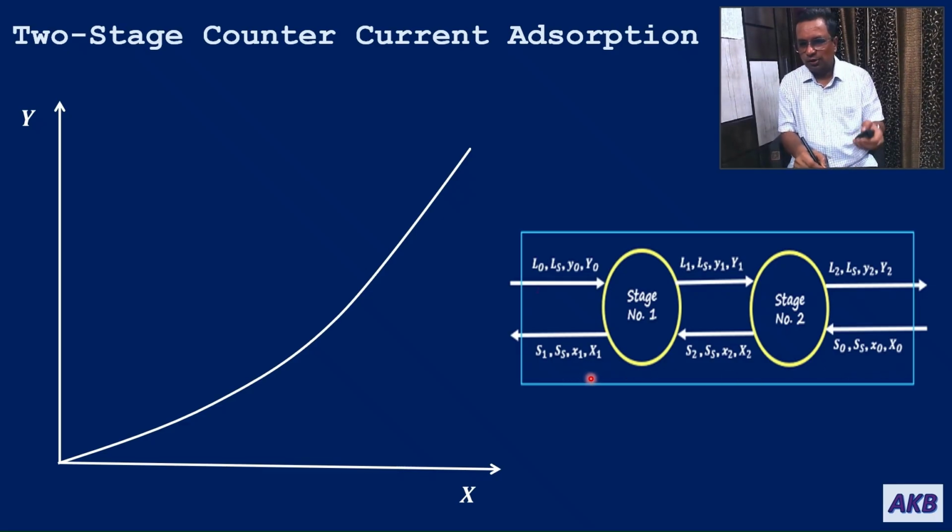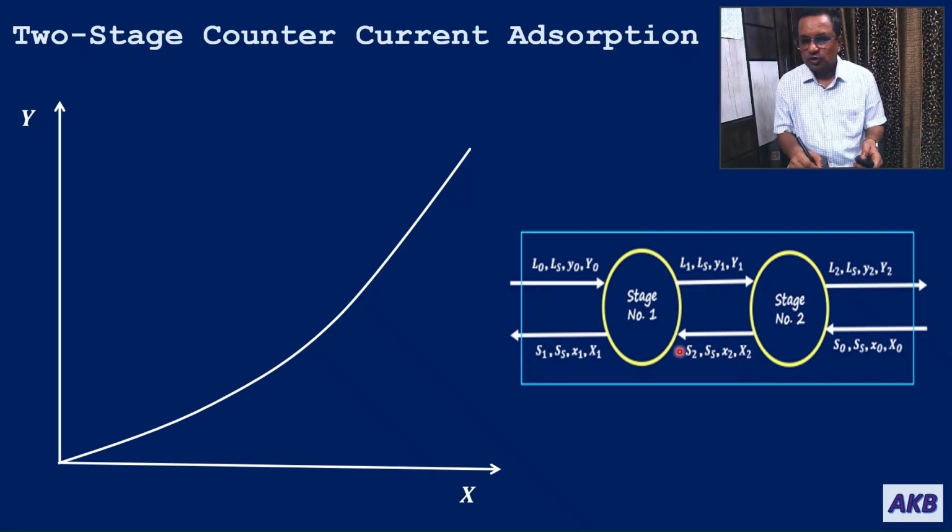Now I hope this is clear to you. For the liquid phase that is coming out of stage number 1, the concentration is capital Y1. I'm just talking about capital X and capital Y. And for stage number 2, the adsorbent phase that comes out of stage number 2, concentration of solute on the surface of the adsorbent is capital X2.